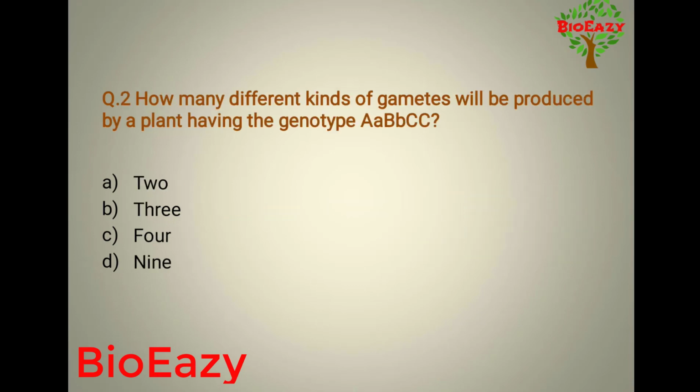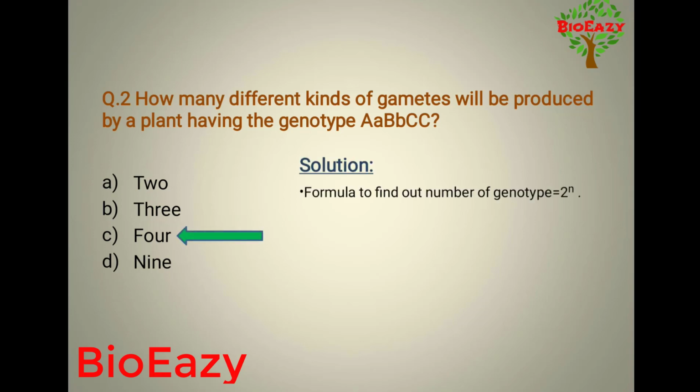Next question is, how many different kinds of gametes will be produced by a plant having the genotype capital A, small a, capital B, small b, capital C, capital C? Yes, students, guess. Now the answer is 4. And you can see the solution that the formula to find out the number of gametes is equal to 2 to the power n, where n is the number of heterozygous alleles present in the genotype.